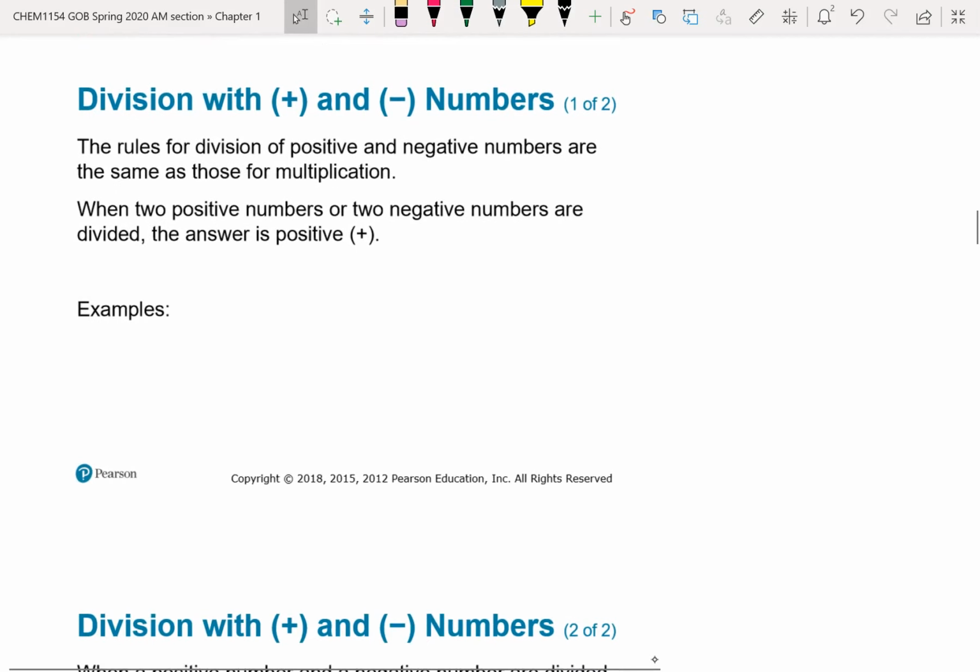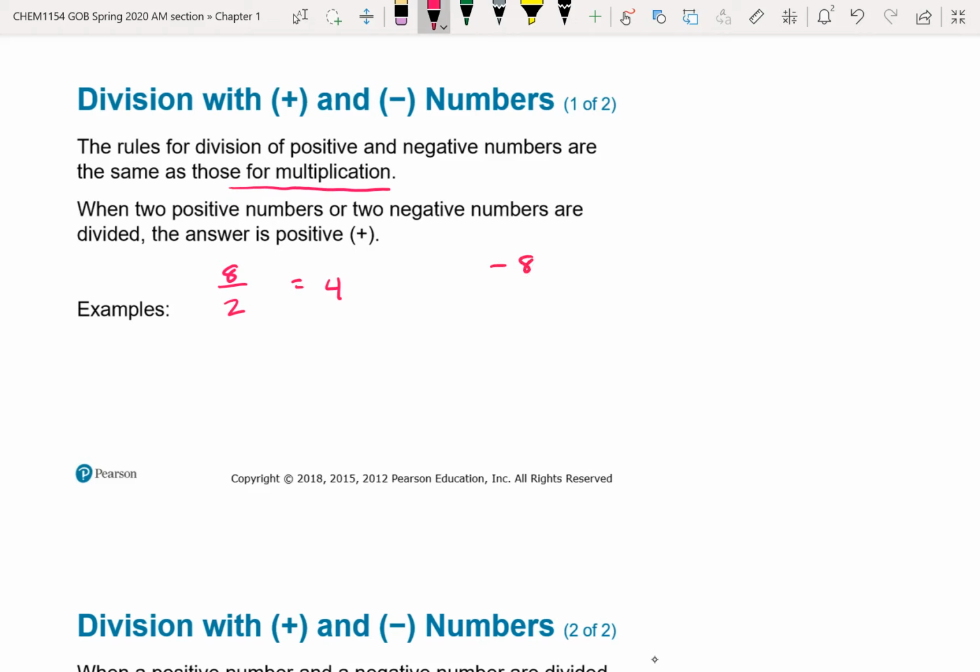When we divide numbers that have different signs, it's the same rule as when we multiply them. The rule for multiplication is the same as the rule we use for division. So for instance, 8 divided by 2 is going to give me 4.